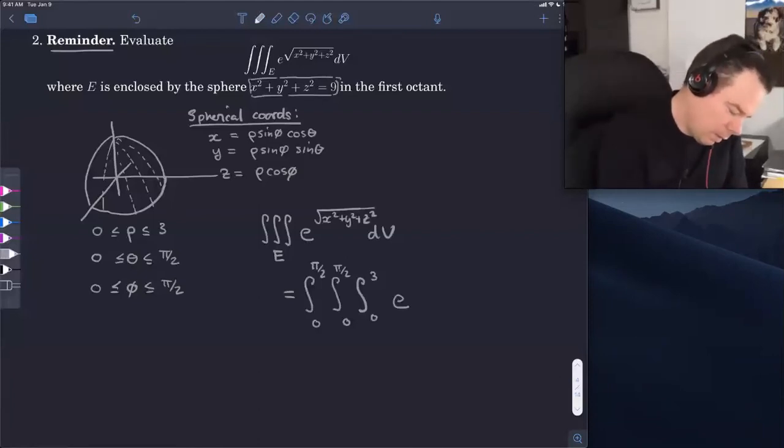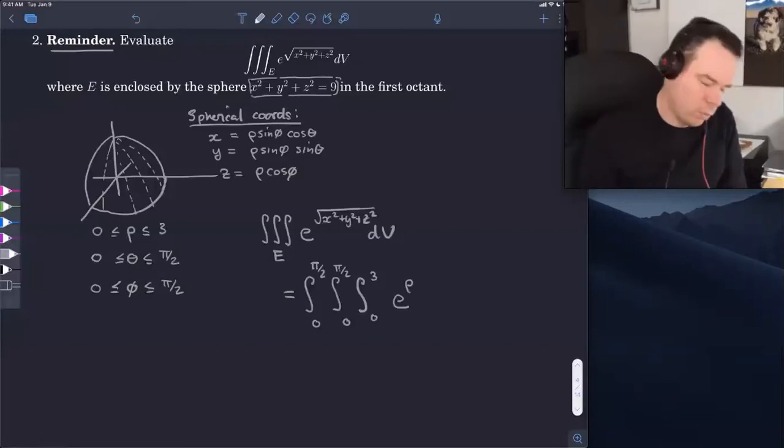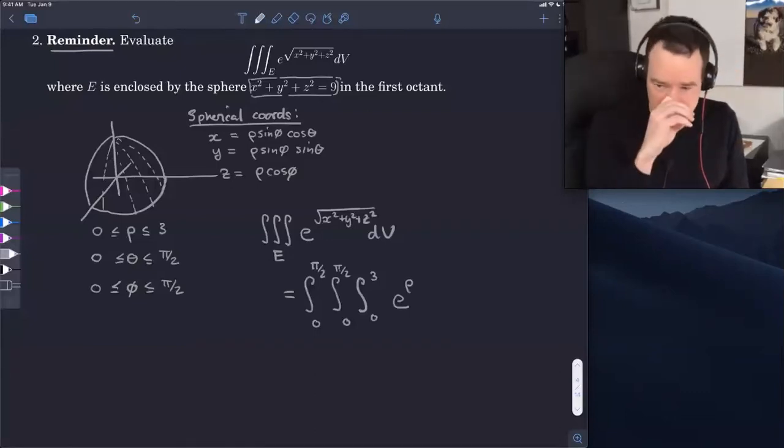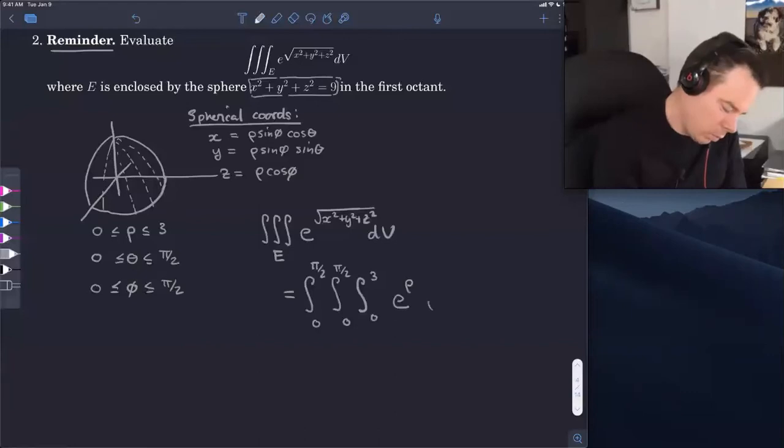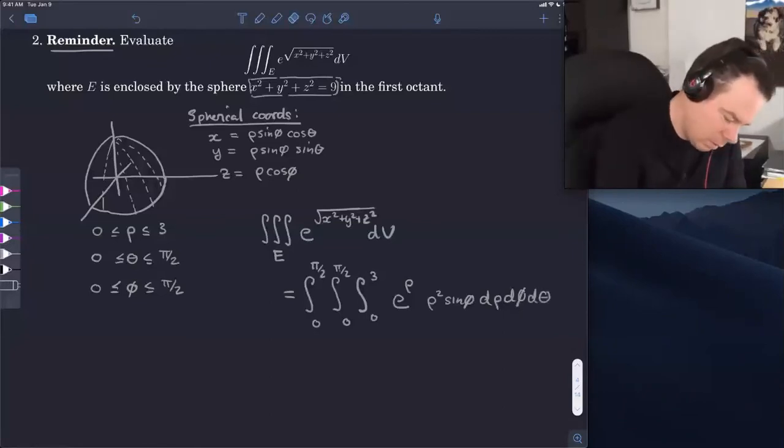In this case it would be e to the rho, because the square root of x squared plus y squared plus z squared is just the distance that a point is to the origin, and that's the rho value. And then we have a rho squared sine phi d rho d theta d phi. It doesn't matter which order I write these ones in because they have the same limits of integration. So I'll go d phi d theta.